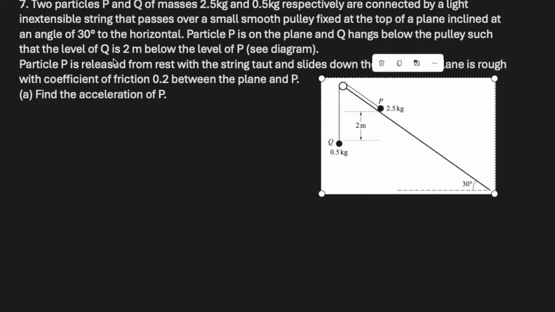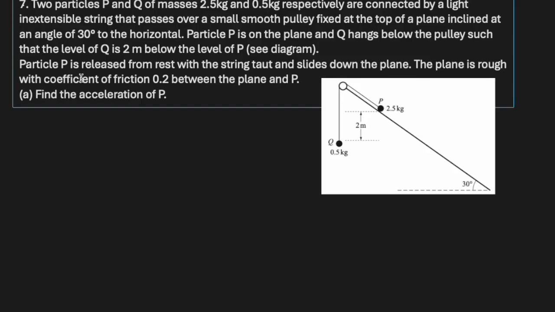Q is 2 meters below the level of P, as shown here. Particle P is released from rest, so u is 0, with the string taut, and slides down. The plane is rough with coefficient of friction between the plane and P. Find the acceleration.